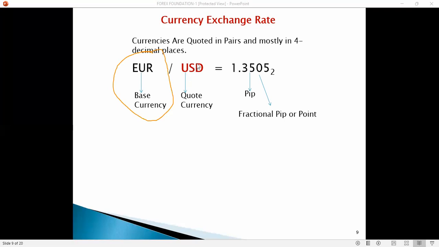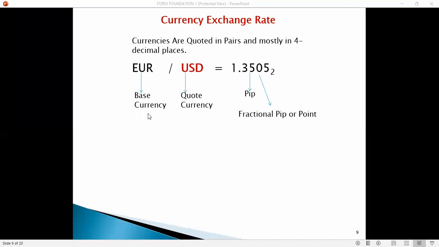And we have the USD, the US dollars, which means any currency that you have at the right hand side is known as the quote currency. Okay, guys, please take note of this, those of you who are totally new. We have base currency and quote currency. In this case, we have euro versus US dollars.